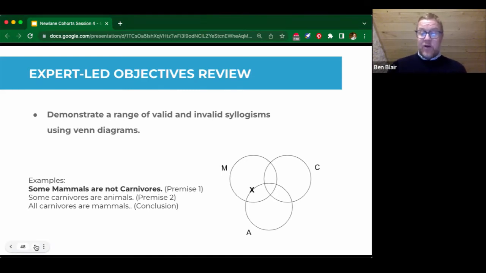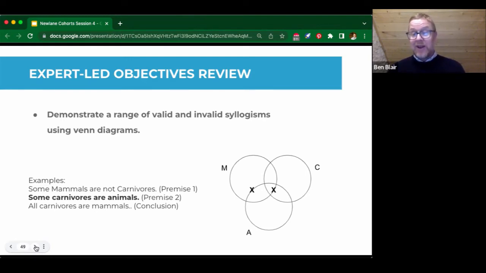Some mammals are not carnivores. So here I've got the X in the M circle, and I'm not sure if it's only in the M circle or if it's at the intersection of M and A. So I'm going to put it on the border there. And now the next premise, some carnivores are animals.